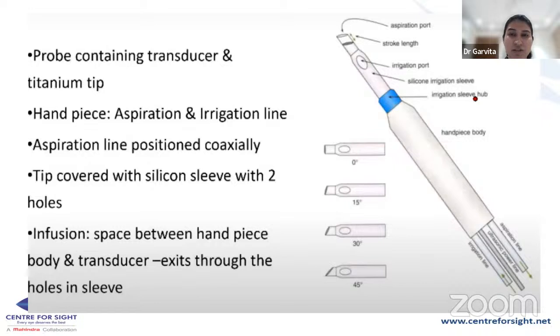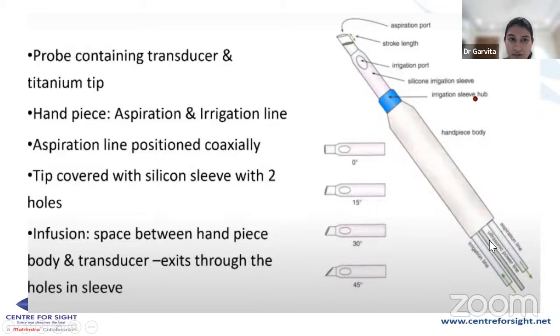So what does the handpiece constitute? It has the aspiration line, the ultrasonic power line, and the irrigation line. Aspiration, irrigation, ultrasonic. This is our probe. The tip is made up of titanium.